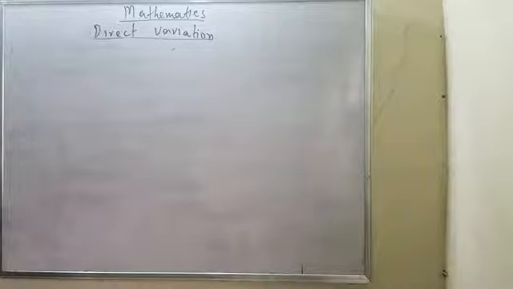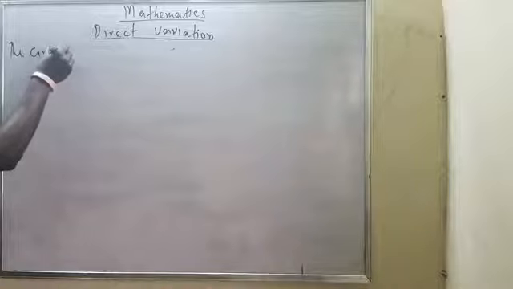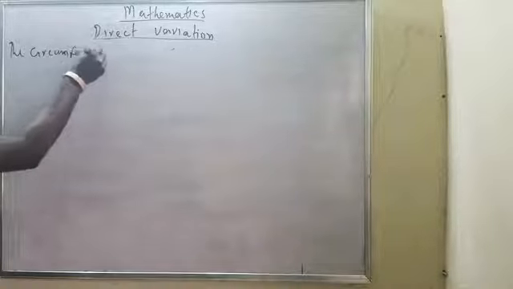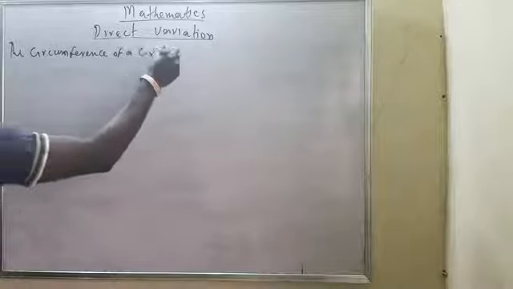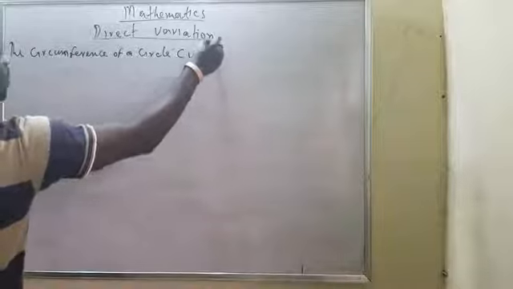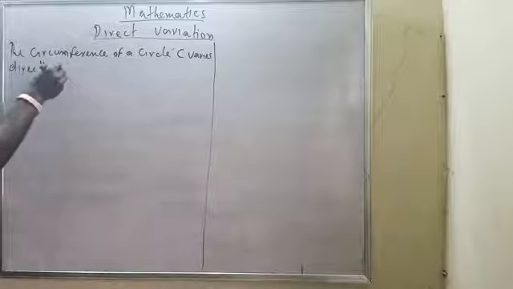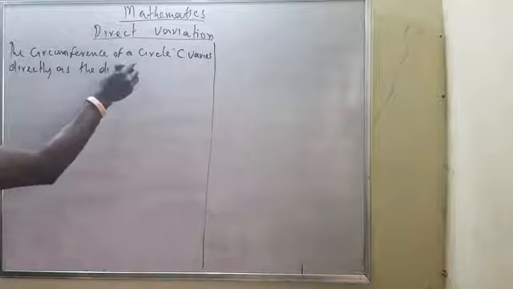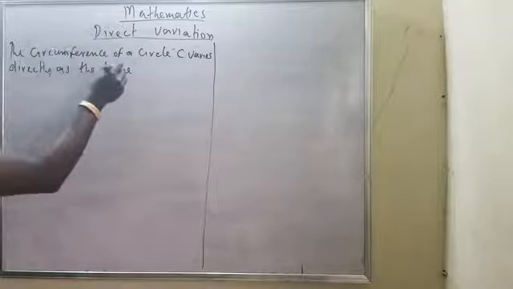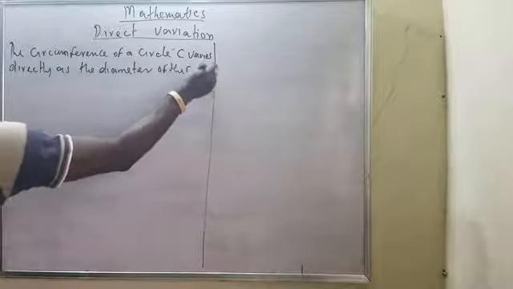The circumference of a circle, C, varies directly as the diameter of the circle.